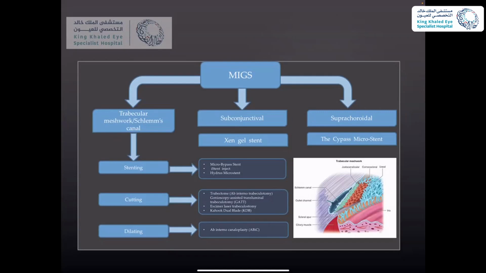Stent, as we all know, is the famous type, the iStent, an implant which you implant to pass by the trabecular meshwork resistance and drain to Schlemm's canal, creating a canal or opening from the anterior chamber to Schlemm's canal.